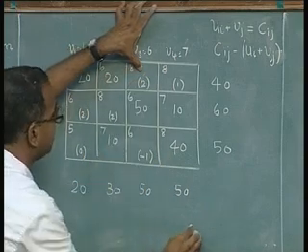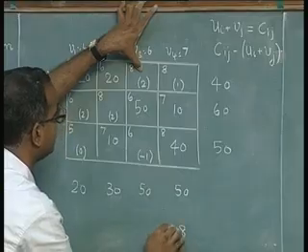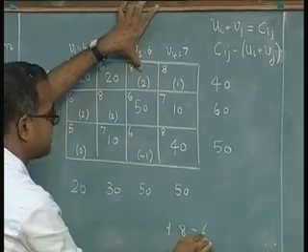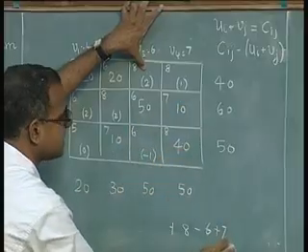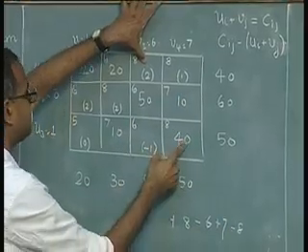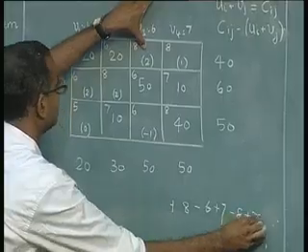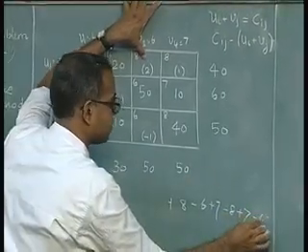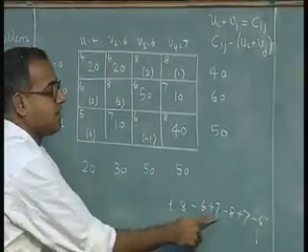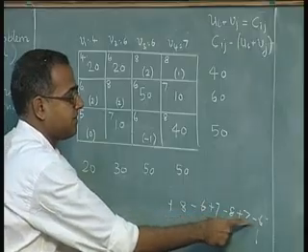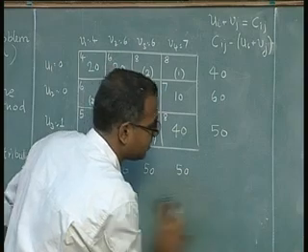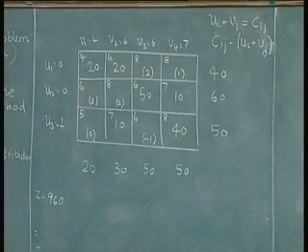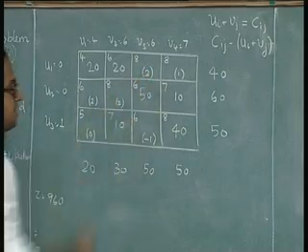So your net would be a plus 8 from here, minus 6 because of this, plus 7 from here, minus 8 because of this, plus 7 from here and minus 6 because of this. 8 minus 6 is 2, 2 plus 7 is 9, 9 minus 8 is 1, plus 7 is 8, minus 6, same 2. So what we have found out as Cij minus ui plus vj, or Cj minus Zj, is the net increase when we put a plus 1 in this position.